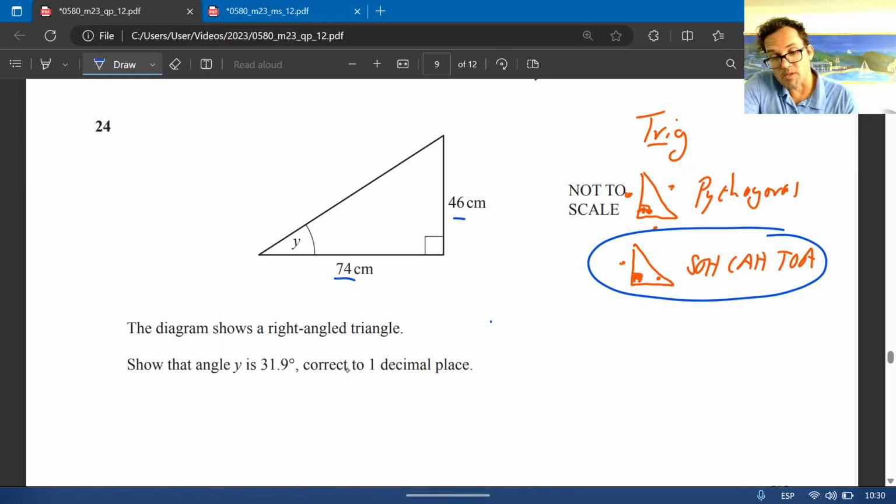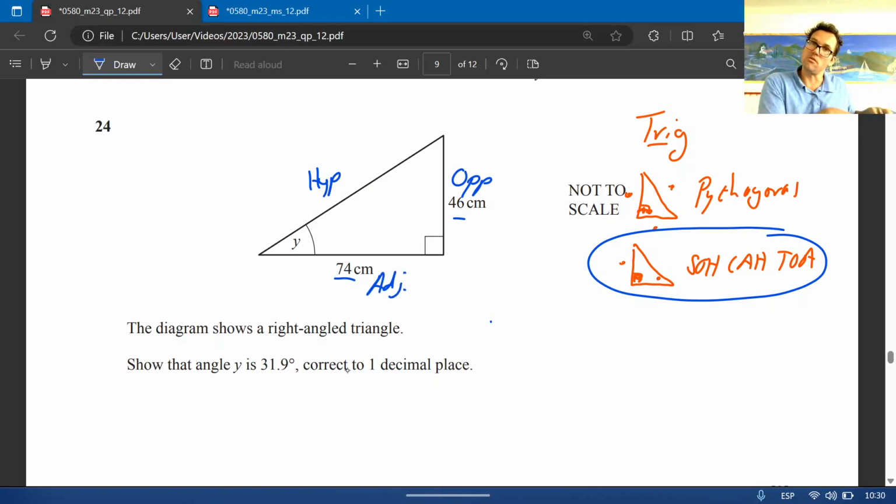The side opposite the 90-degree angle is always the hypotenuse. The side opposite the angle we want, that's of course the opposite side. And then right next to the angle, that's the adjacent.